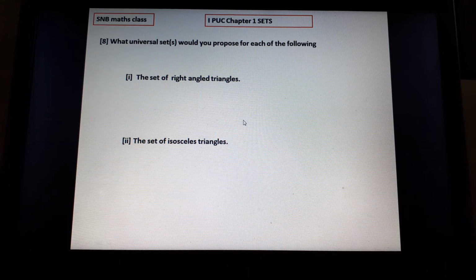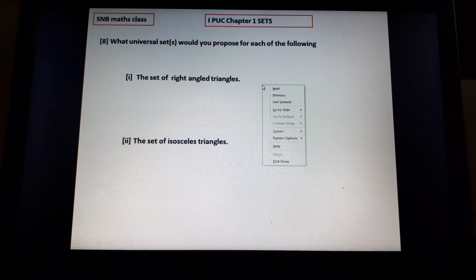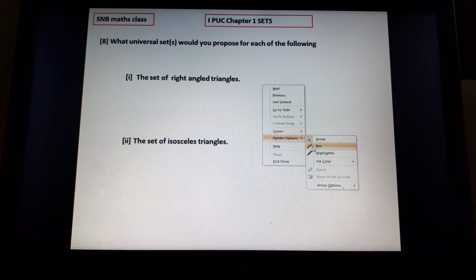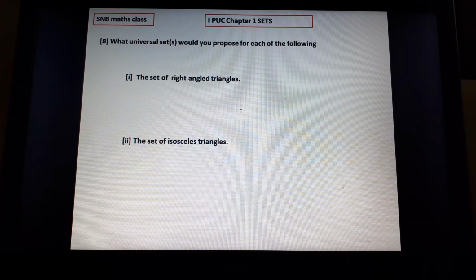So the next one is the universal set. We know that the universal set is not a unique set, but for a given set we can take one set as the universal set from which we have to take this as the subset. So that is the concept of universal set. The set of all right angle triangles. So for this one, you know that it is not unique, but you can take the set of all triangles.